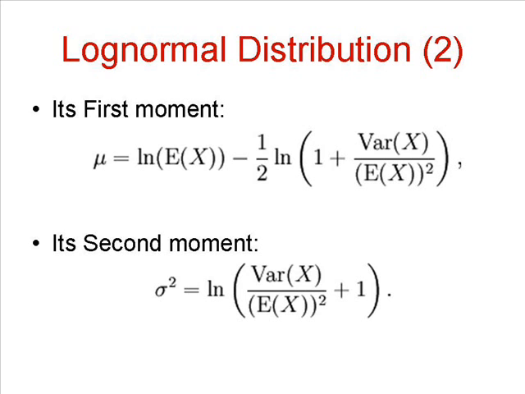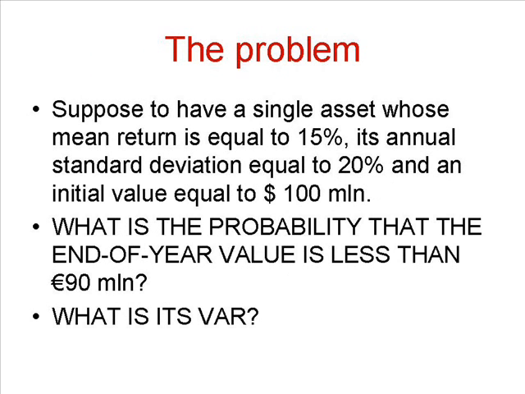Well, now, suppose we have a single asset whose mean return is equal to 15%, its annual standard deviation equal to 20%, and an initial value equal to 100 million euros. We have to answer two questions. What is the probability that the end-of-year value is less than 90 million euros?